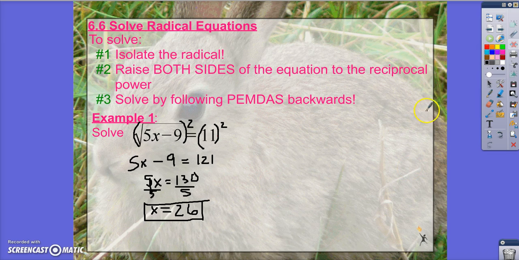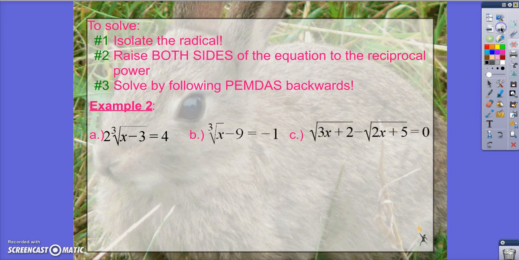All right, so let's take a look at the next problem here. I made sure to bring up the instructions for you again. I'll probably at least start one or two with you, and you might want to do some yourself too. So let's look at example 2. Step 1, isolate the radical. If I look at A, do you see how there's a 2 in front of it? The radical is not isolated to just one side.